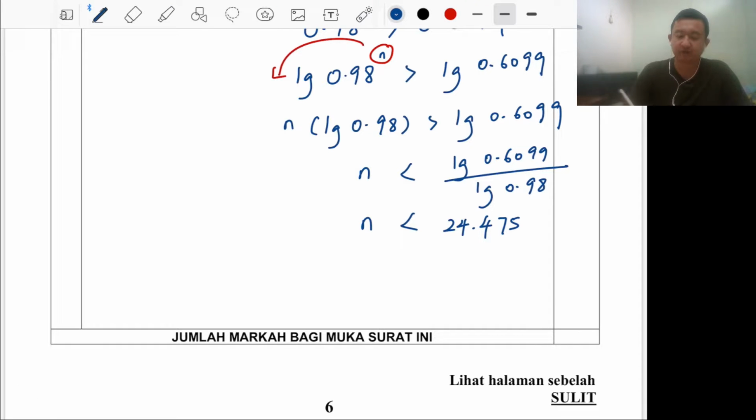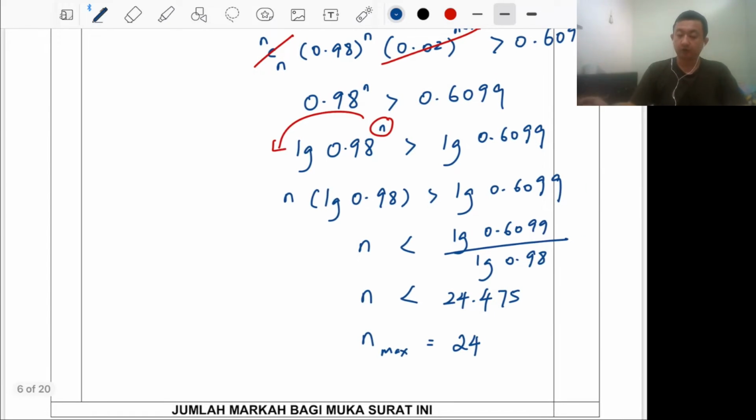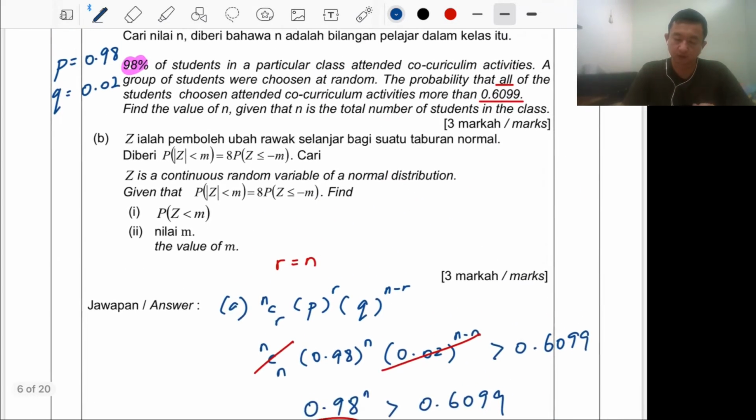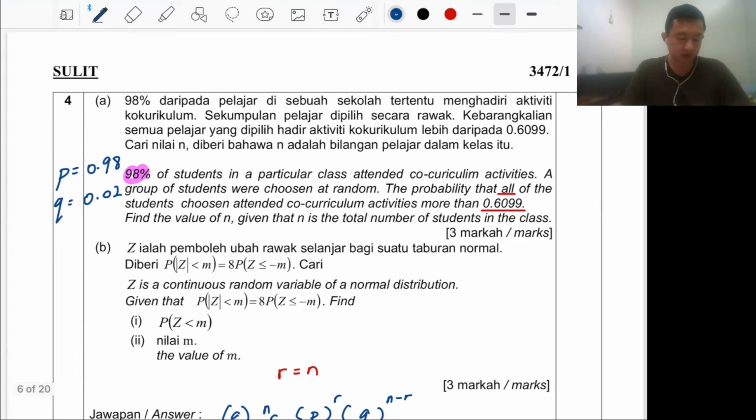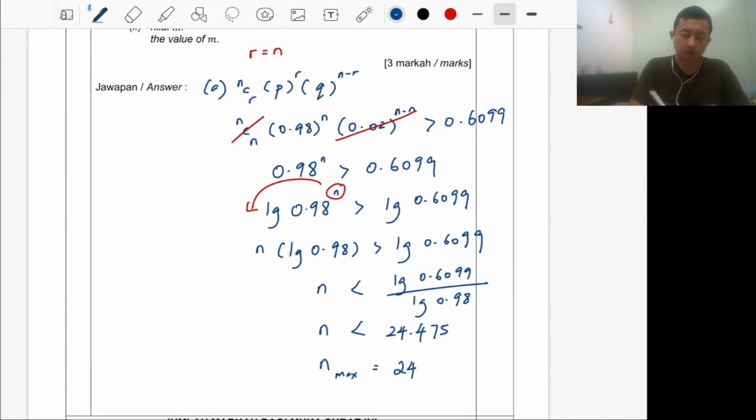If it's less than 24.475, then the maximum number of students they can take in this case will be 24. It has to be maximum. They cannot go for minimum. If minimum, it's just 0. It doesn't make any sense, right? So it has to be the maximum number of students that can be chosen. In this case, will be 24. Alright, that is for A. Okay, now we look at B.